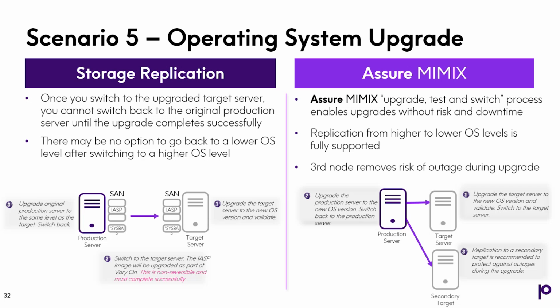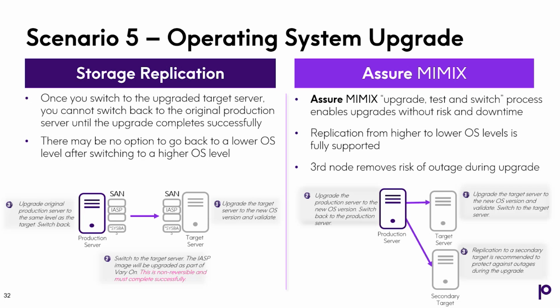So what you're going to do is switch over to the 7.5 system. When you vary on this IASP, it's going to convert it to 7.5. That's going to take some time for it to come up. And once it comes up and you're running on 7.5 on that IASP, there is no going back. You are not going back to 7.4 in that scenario with storage replication.